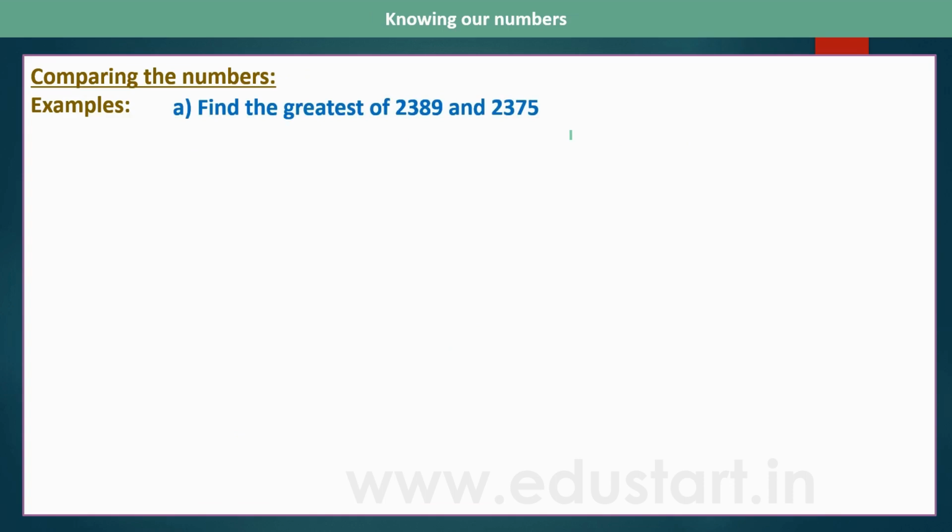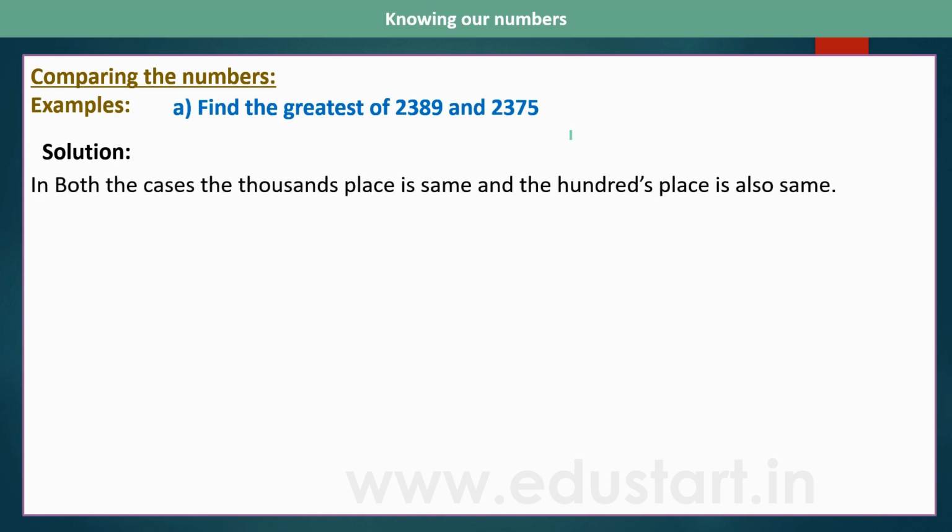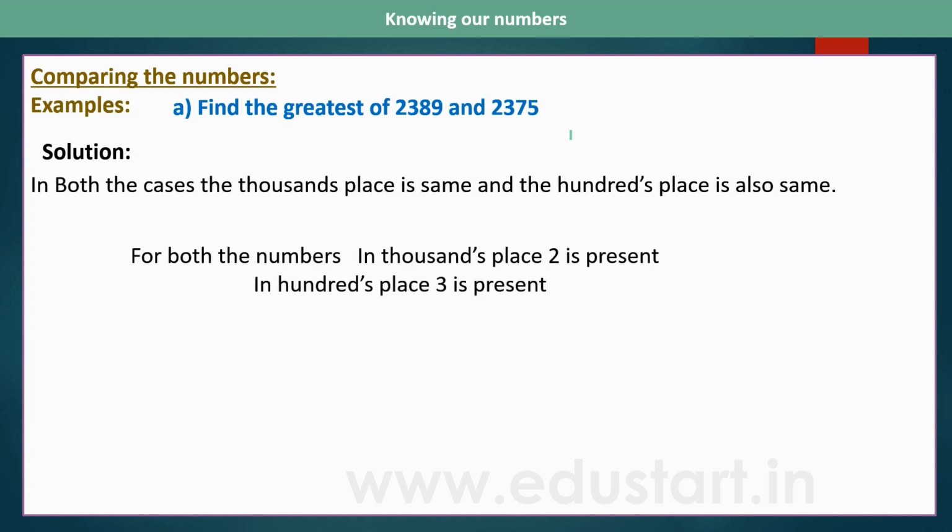Let's find the greatest of 2389 and 2375. In both the numbers, the thousands place has 2 and the hundreds place has 3.